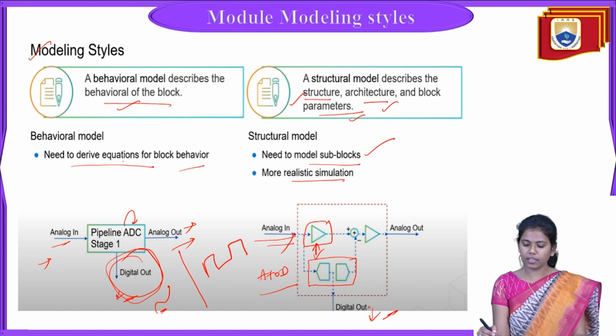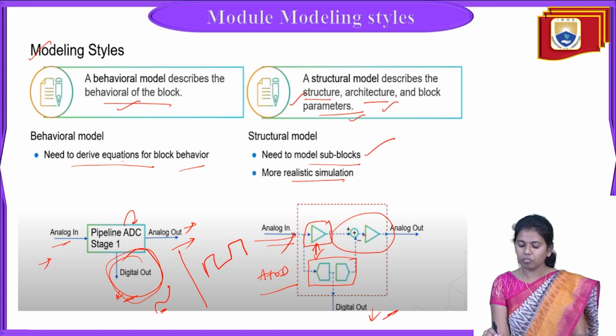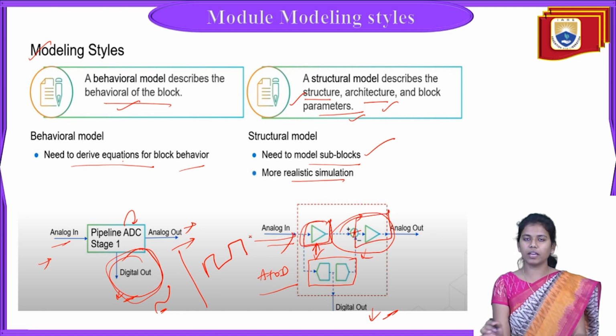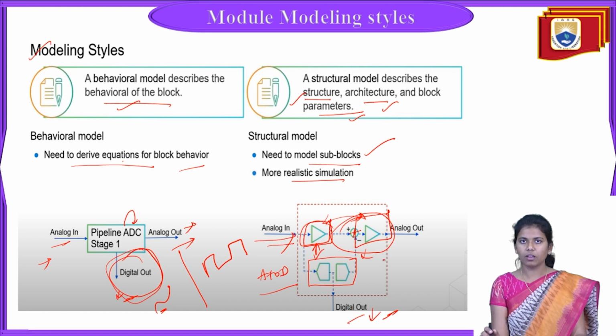In order to get the digital out, it has to be connected with one more buffer gate, where expressions can be carried out with the positive and the negative. So in this structural model, you have to sort out this first, then this next, and finally, after combining these two, we observe the digital output.